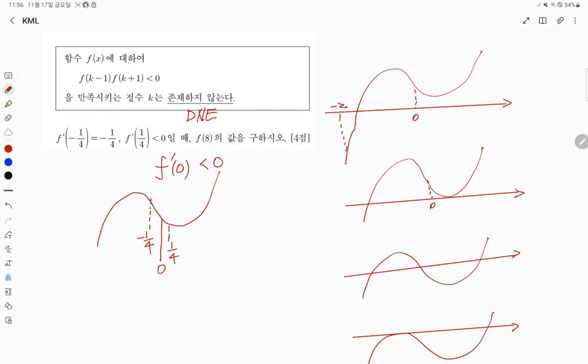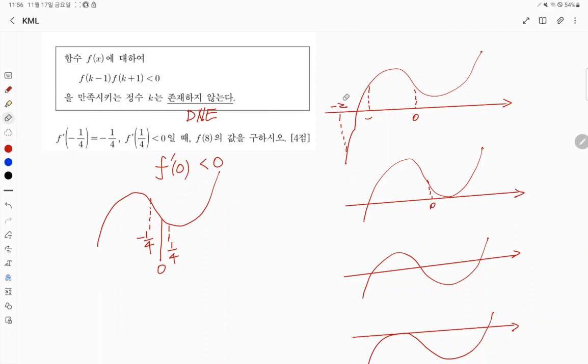Because f of negative 2 is negative, but f of 0 is positive. So the integer minus 1 satisfies this inequality, and that's not the case we want.